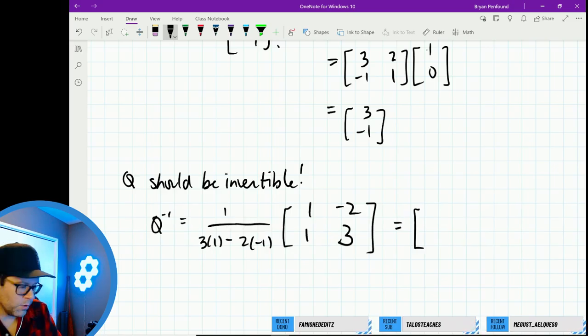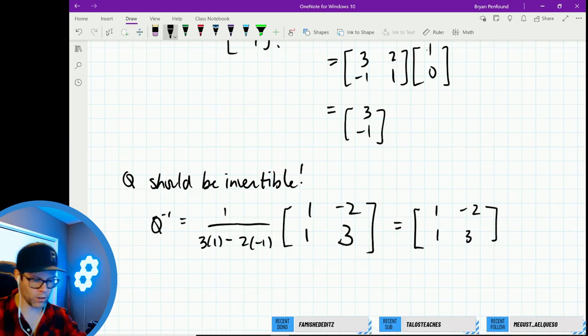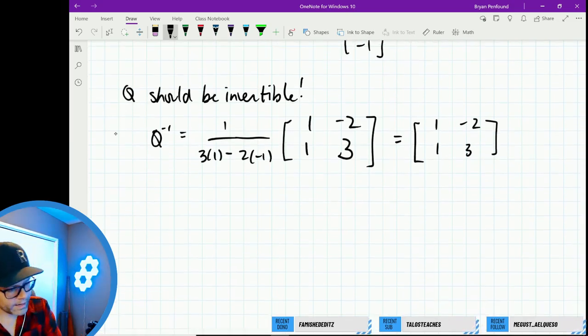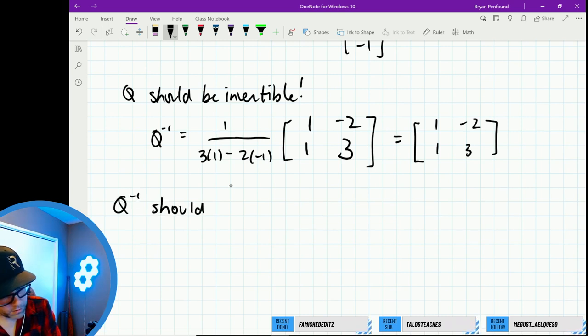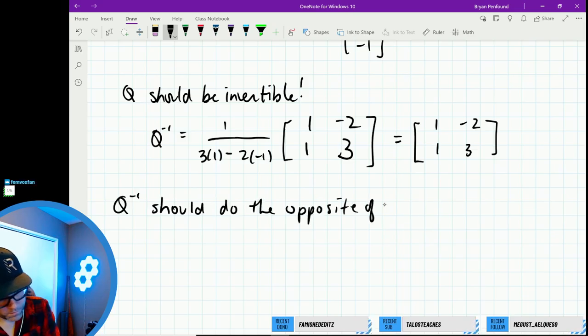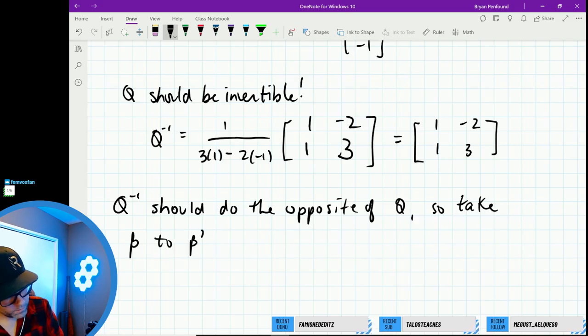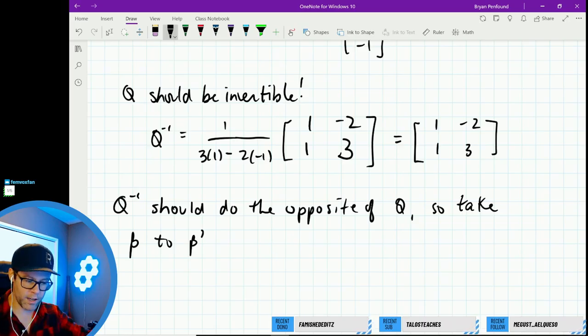So 3 take away 2 is 1. So we get 1 over 1. So our Q inverse should look like this. The idea with Q inverse is that it should do the opposite of Q. Now, if Q goes from beta prime to beta, then we expect Q inverse to go from beta to beta prime.